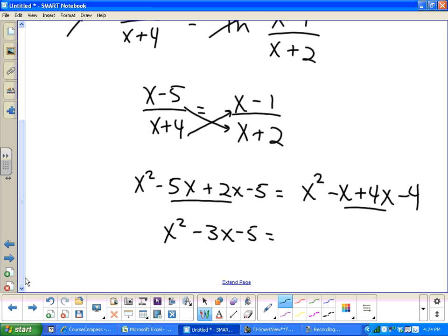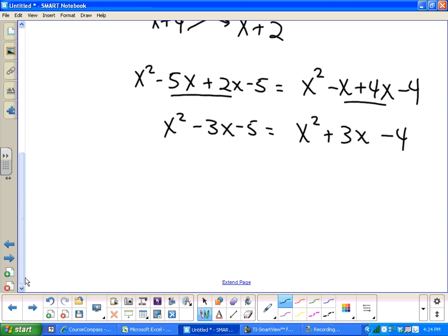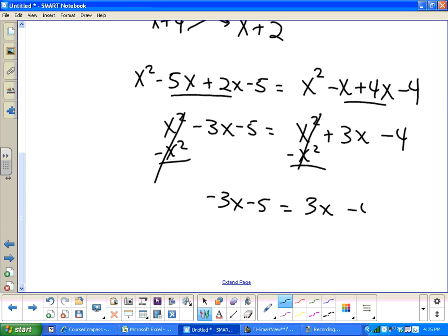And then negative x and 4x would give me 3x. Now, it looks like quadratics here, but notice if we bring 1x squared over to the other side, they're just going to go away. And so now I'm left with negative 3x minus 5 equals 3x minus 4.